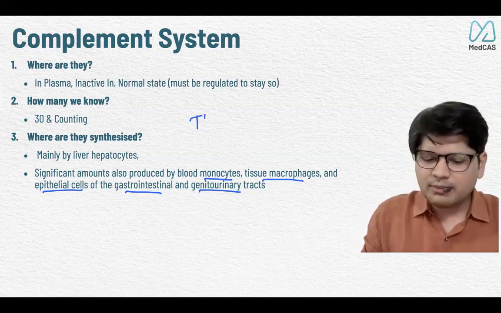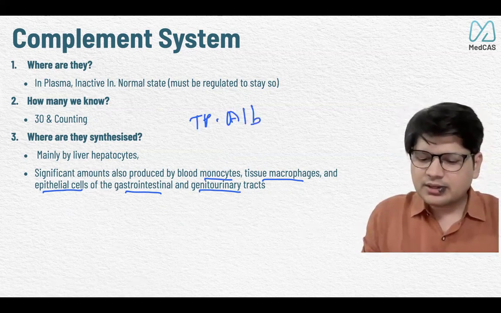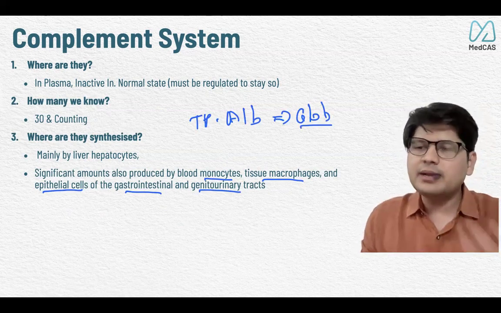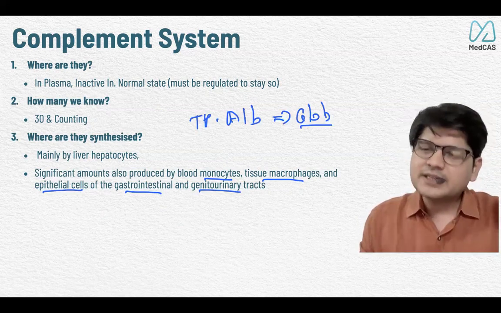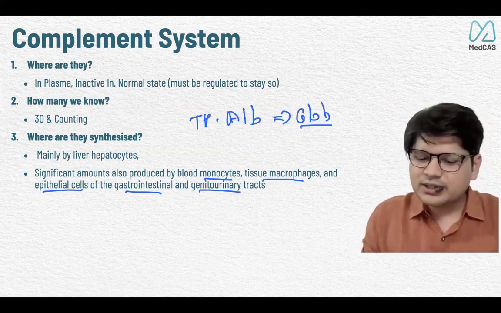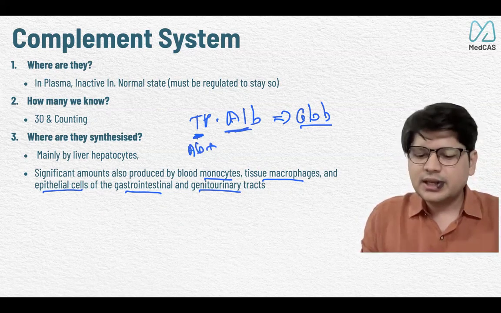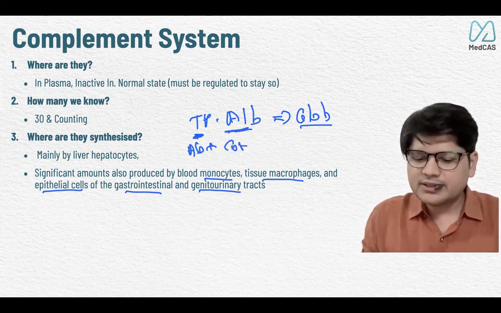So when we do TP minus albumin, the ultimate part we get is globulin. We are all taught this is all antibodies, right? IgG, IgA, IgM, IgD, and IgE. But there are certain other components which come in the portion of total protein when we exclude albumin. It is not just antibody, but there are also other proteins, including your complements.